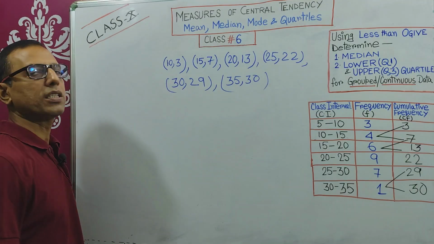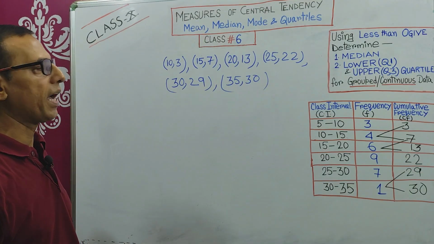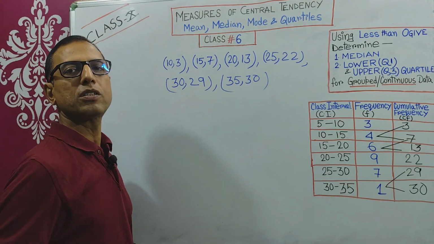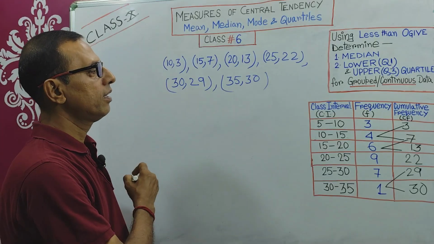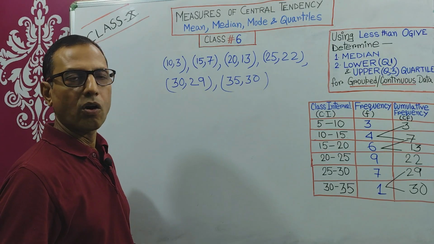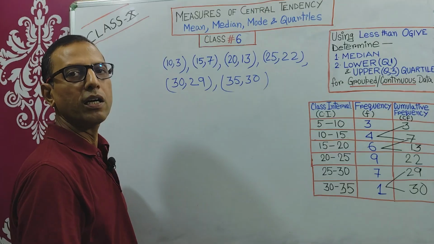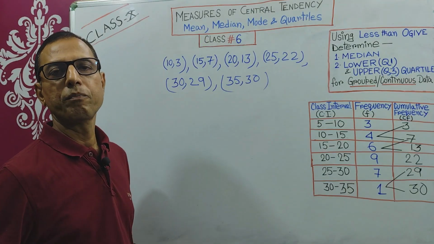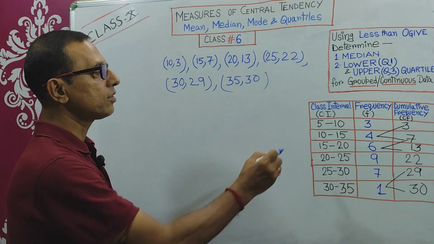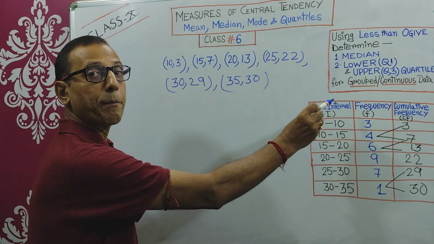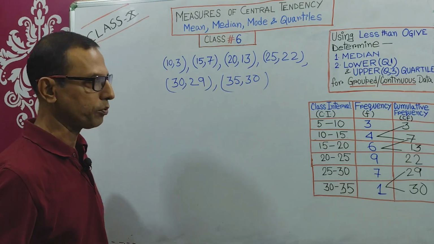So these are the points you need to plot on the graph, where the cumulative frequency is along the y-axis and the class interval or group data is along the x-axis, where you will put the upper bound. So these are the points you need to put, right?